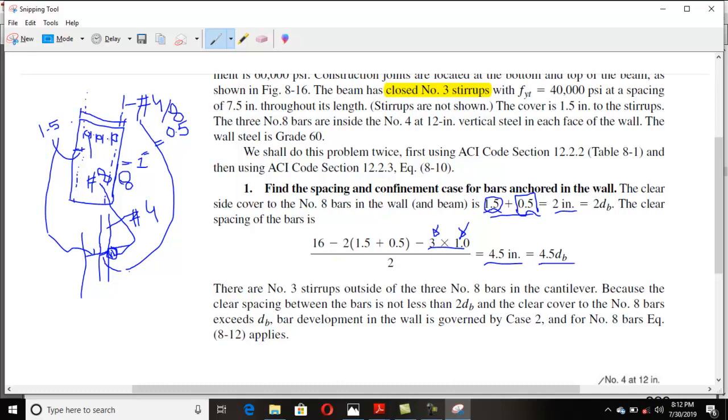This clear spacing is the clear spacing between the successive bars, equal to 4.5 inch, meaning this spacing and this spacing both, this is also 4.5, and this is also 4.5 inch. Now I think you will understand.